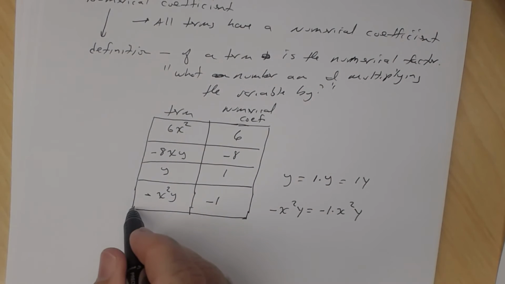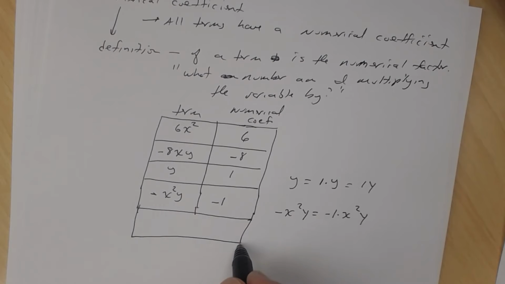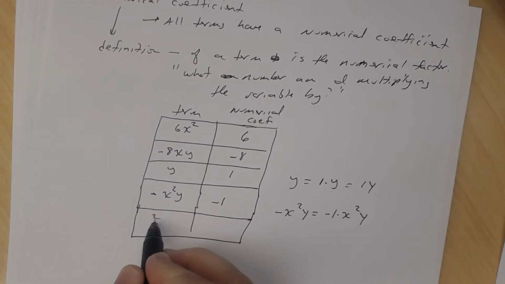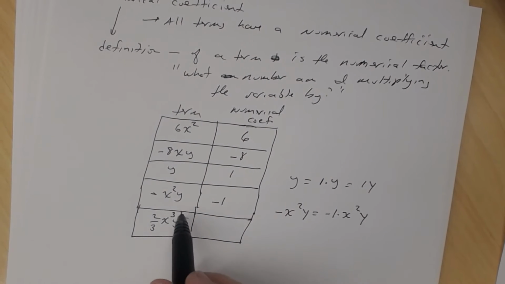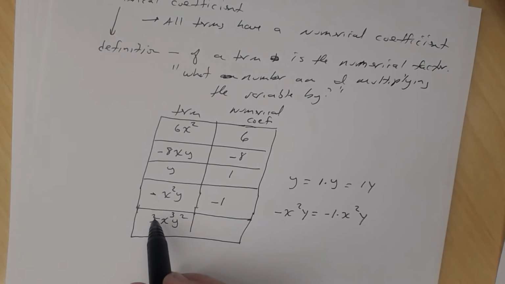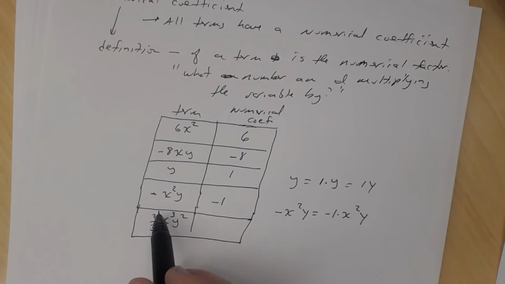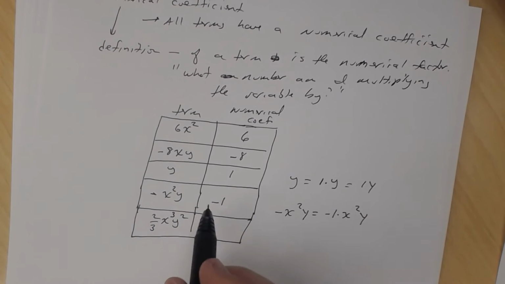All right, what if you had, let's say, 2/3 x to the third power y squared? In this case, I'm multiplying x cubed y squared by the number 2/3. So the numerical coefficient is 2/3.